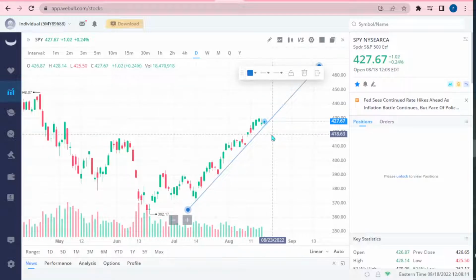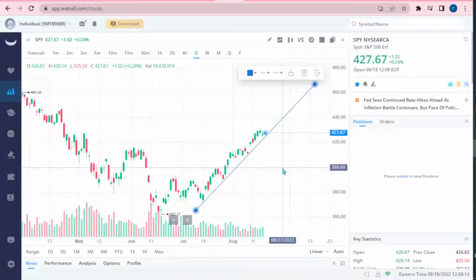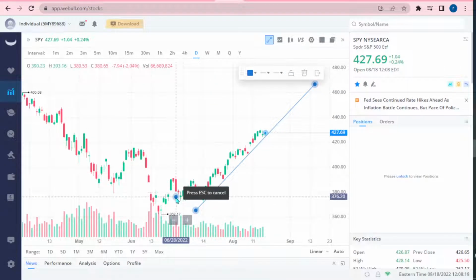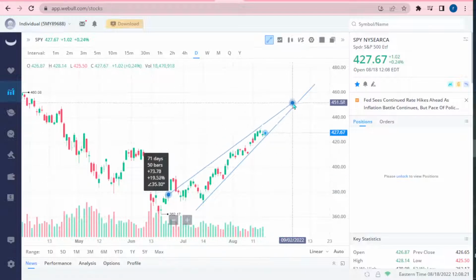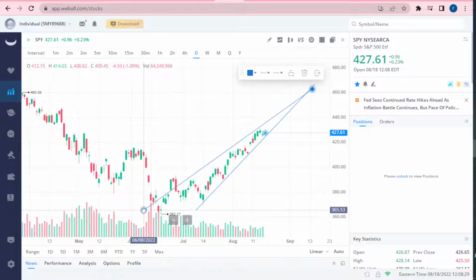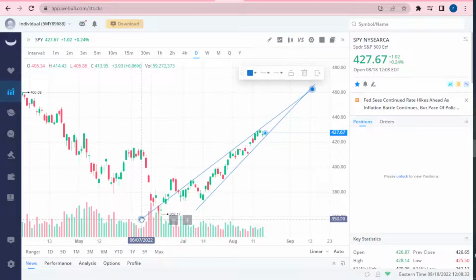So the next thing that I can see right off the bat is going to be this trend line right here. So as you guys can see, when I connect these, we have something of a rising wedge.